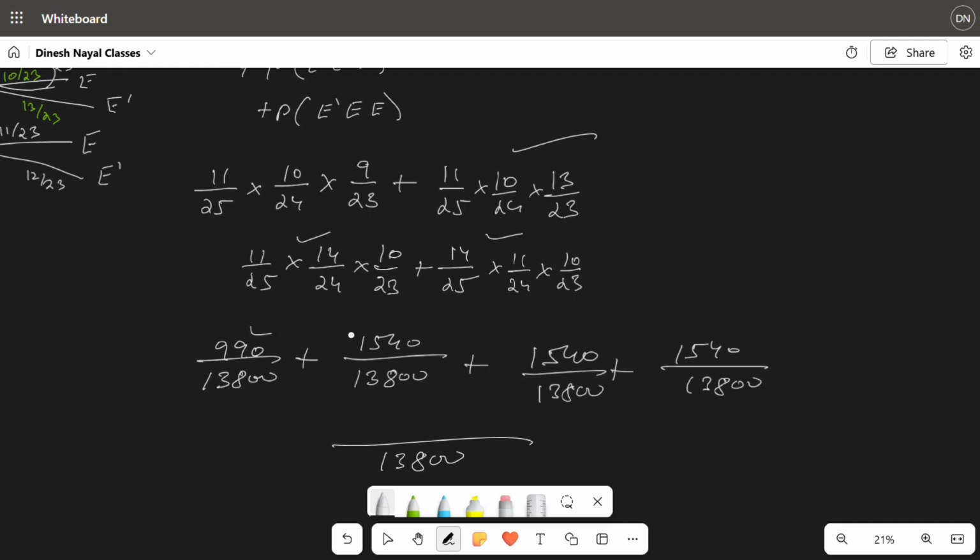Now you add these four and you get 5610. Simplifying further, this is 187 upon 460, which equals 0.407. So that will be the probability that at least 2 students participate in extracurricular activities.